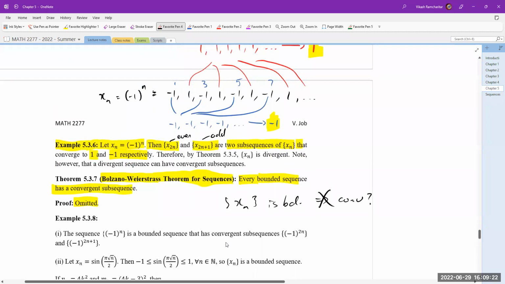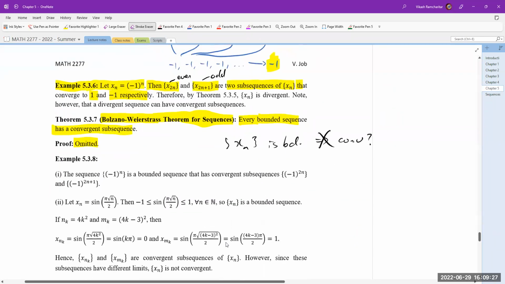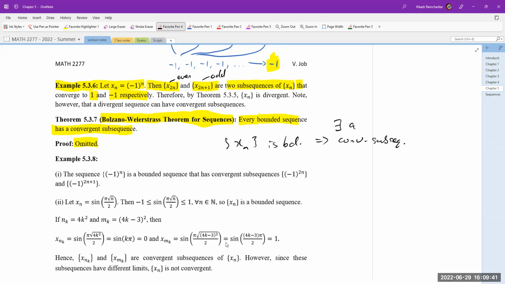Look, we just spoke about a bounded sequence here that doesn't converge. But what this is saying is that if your sequence is bounded, then there exists a convergent subsequence. So you can find a subsequence of it that converges simply because it's bounded.